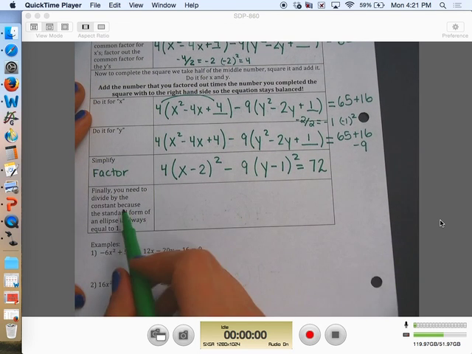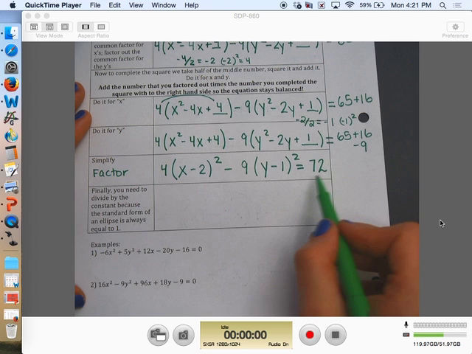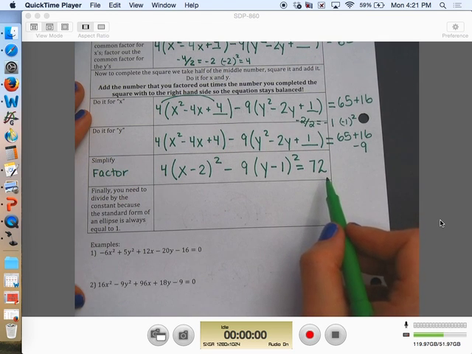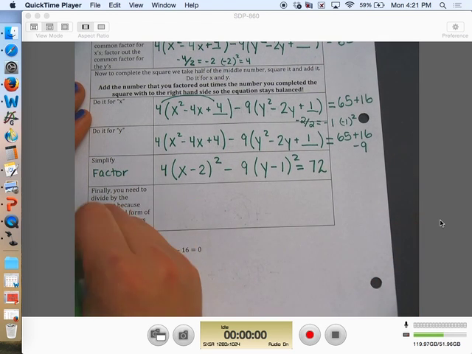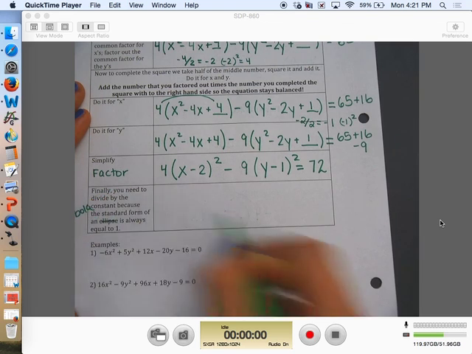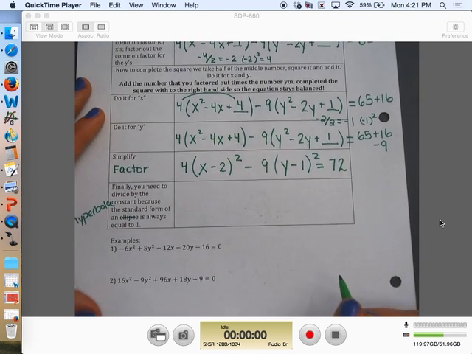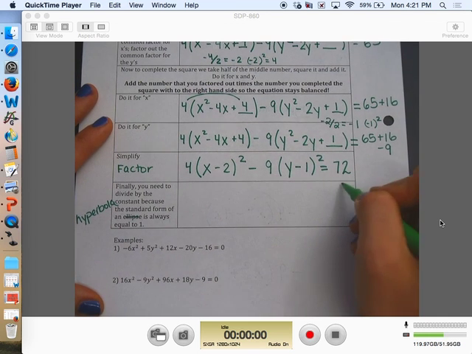Finally, we need to divide the constant over because the standard form of a hyperbola is always equal to 1. So I divide 72.